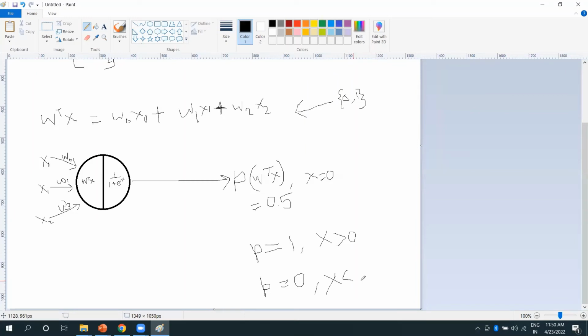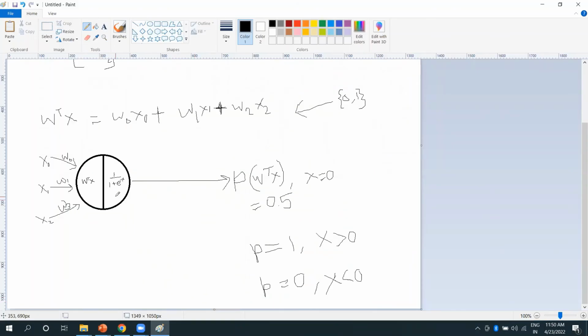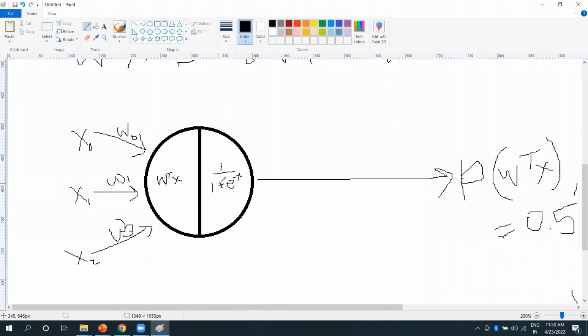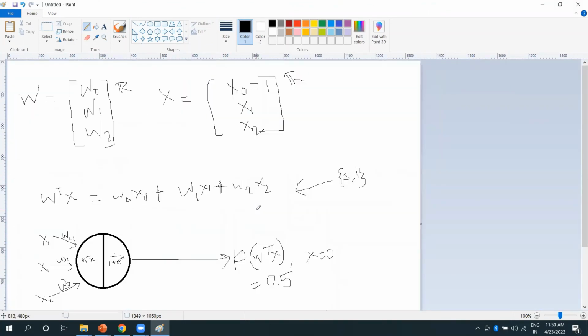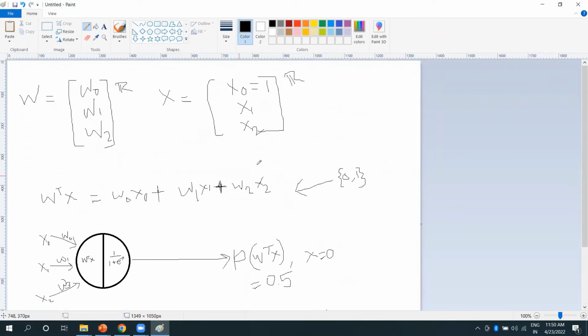Less than 0. We assume this is not how it happens. You have to remember that this function is basically WTX. What does that mean? W transpose X. So when you get a vector, it is given in vertical form.